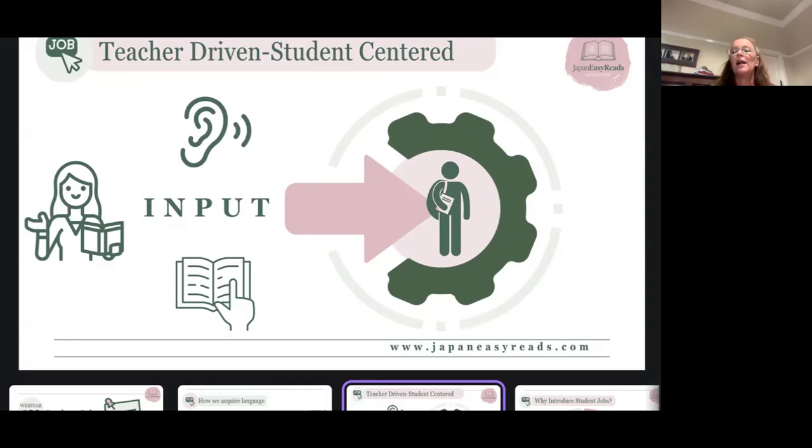So CI classrooms can often feel very teacher-centred because the teacher is speaking the most. It can often be criticised that it is the opposite of student-centred because of that, because the teacher is using a lot of language. So why is that so?